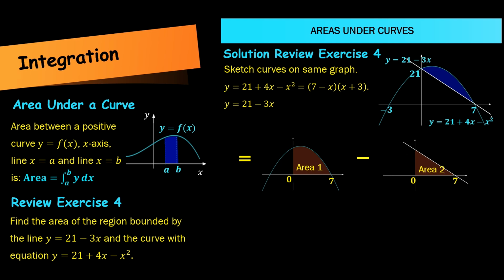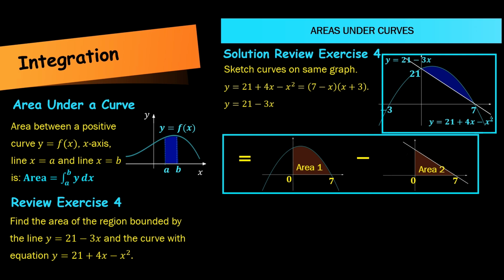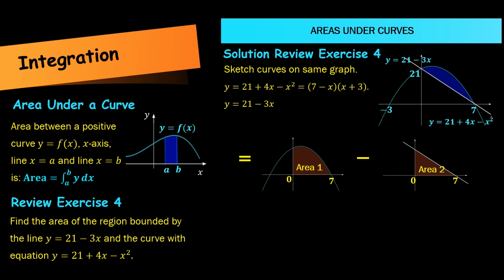We're going to call these areas Area 1 and Area 2 respectively. Area 1 is equal to the integral between the limits 0 and 7 of 21 plus 4x minus x squared dx. And integrating this gives us 21x plus 2x squared minus x cubed over 3. And of course, we're going to look between the limits 7 and 0.